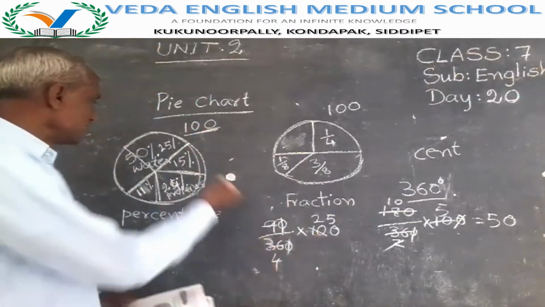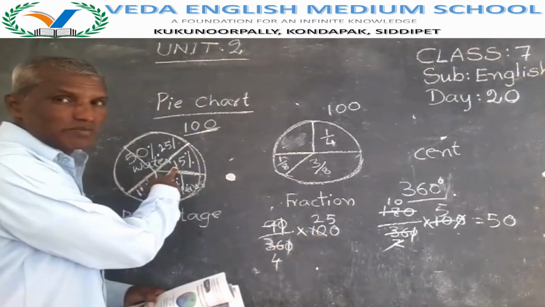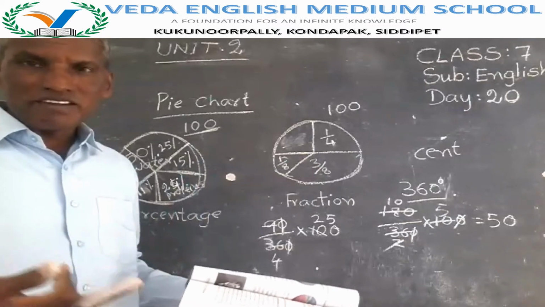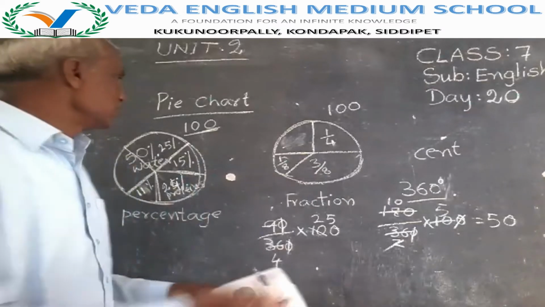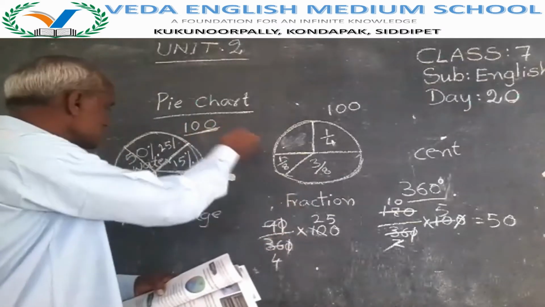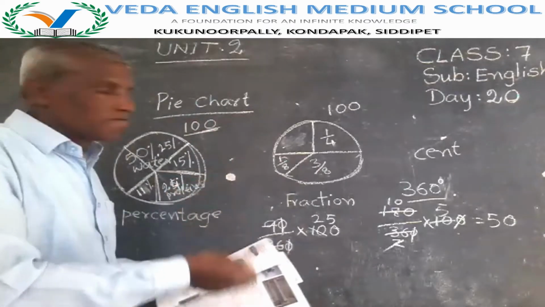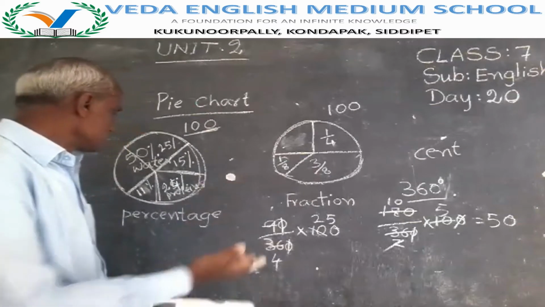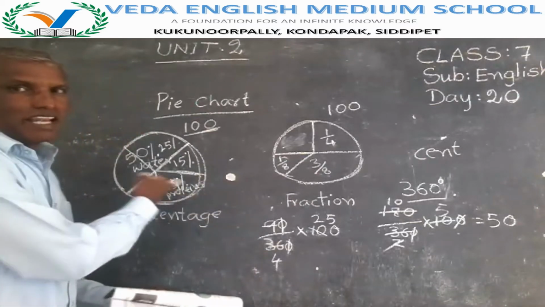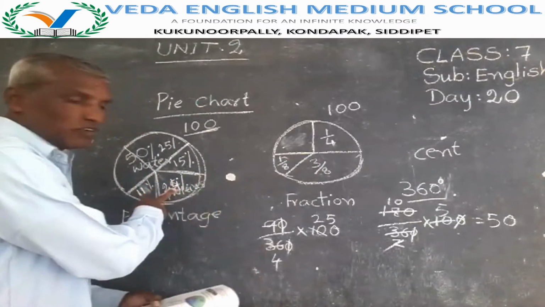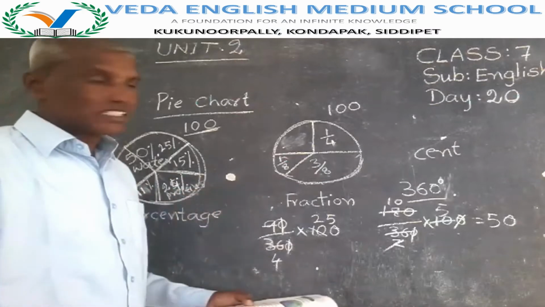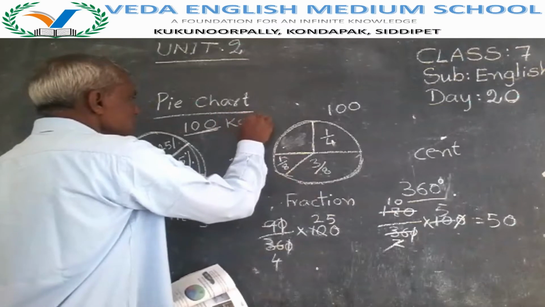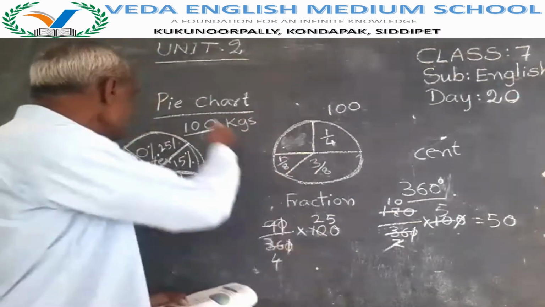For example, here 65% of water means 65 kgs. You can think that if the weight of everything of a person is 100 kgs, 65% means 65 kgs, 11% means 11 kgs, 24% means 24 kgs.